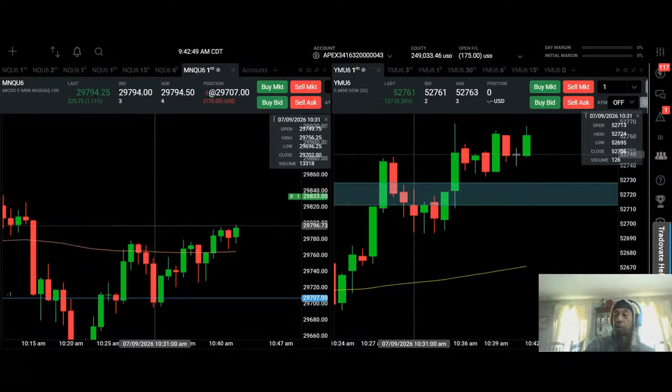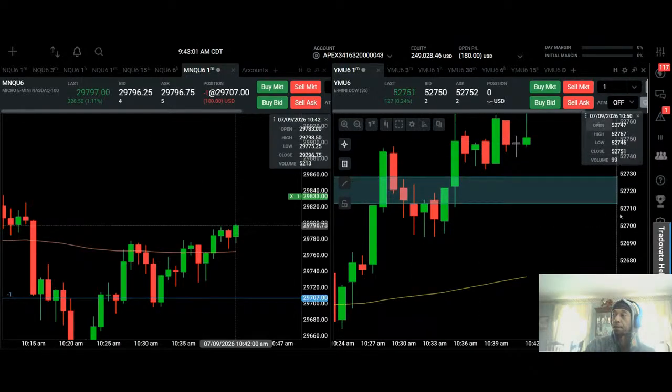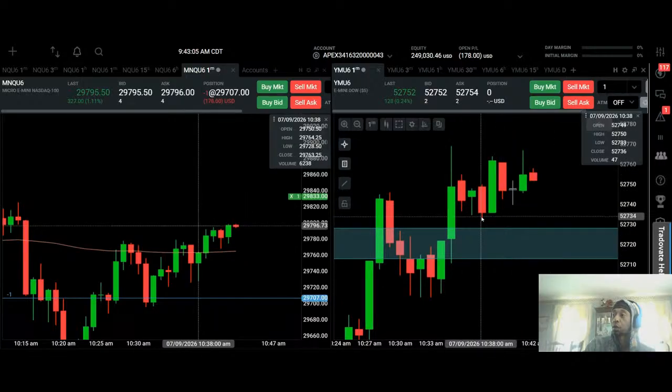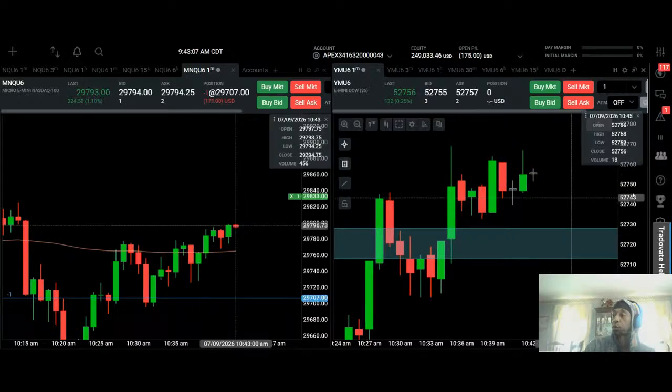One of them has to do it in order for this to get me into a buy. So I'm going to need a sweep of the 1038 candle. YM is close to it.